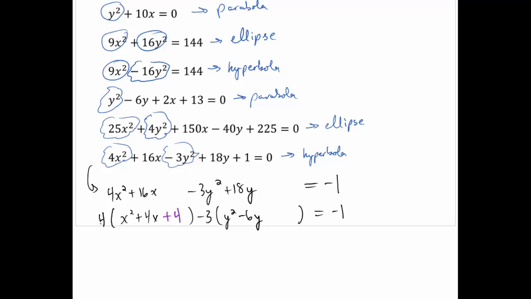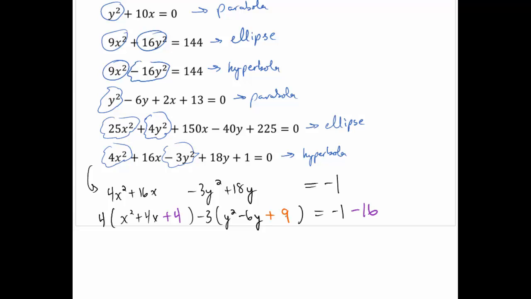Now understand what I've just done is I've added 4 times 4, so I've added 16. On the second grouping, y squared minus 6y, I would have to add 9 to complete the square, and in a sense I've just subtracted 27, since negative 3 times 9 is negative 27.